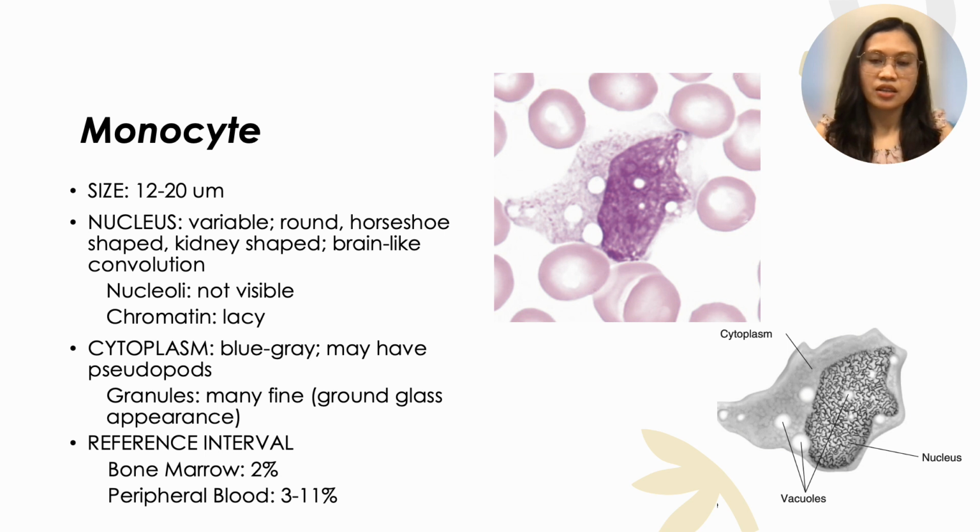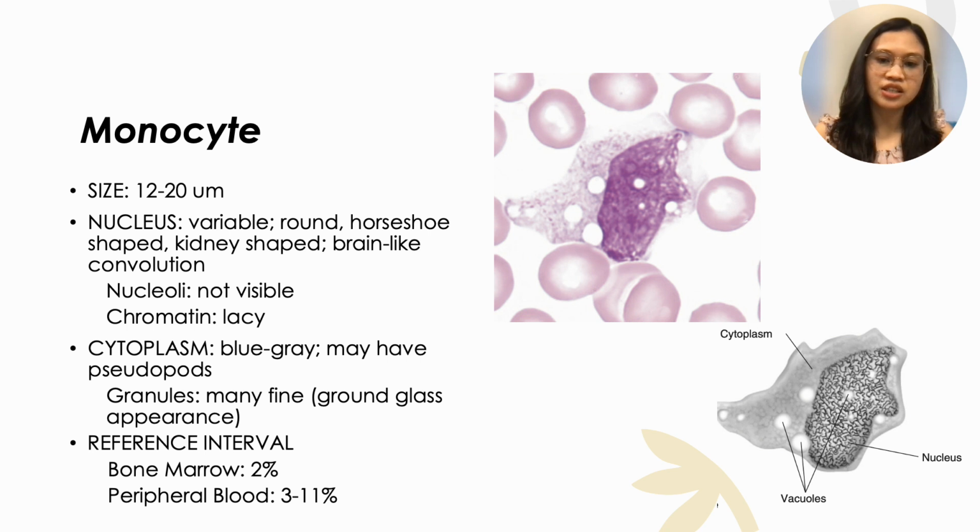Aside from this, the monocyte will also have a lacy chromatin pattern inside the nucleus. The cytoplasm of the monocyte will have a blue-gray color, and pseudopods may be seen. Many fine granules may also be visible, giving the cytoplasm a ground glass appearance. This cell appears both in the bone marrow and in the peripheral blood.